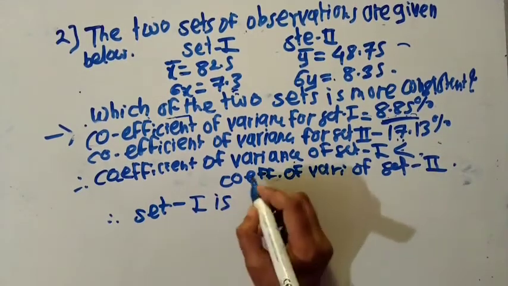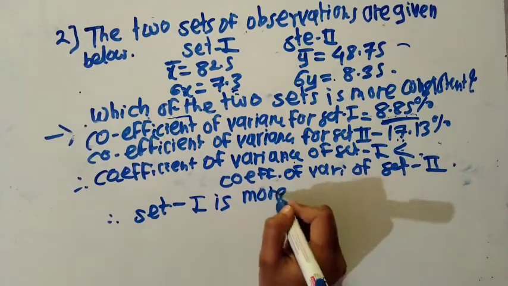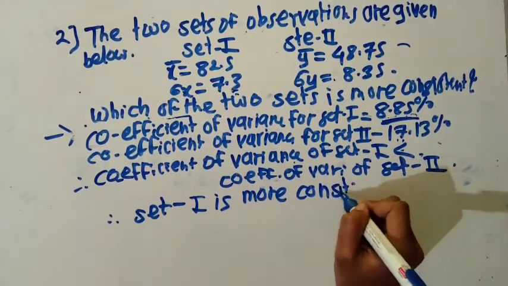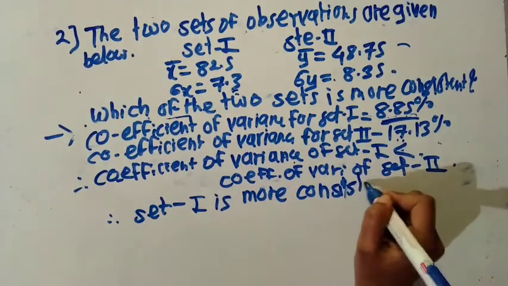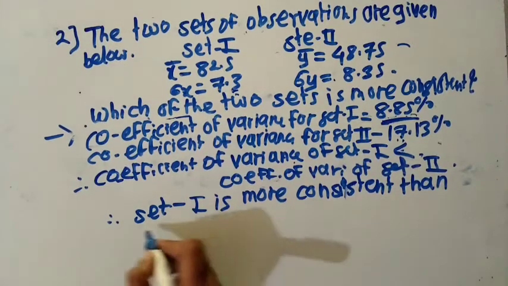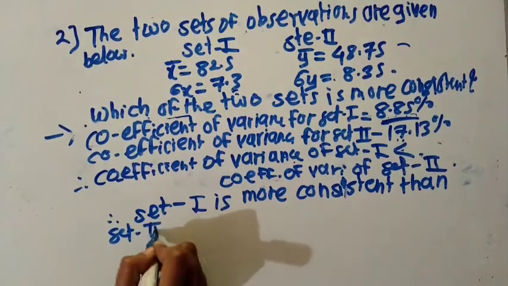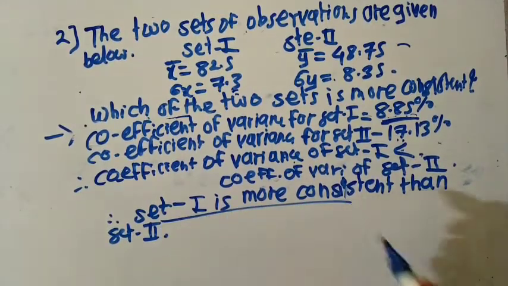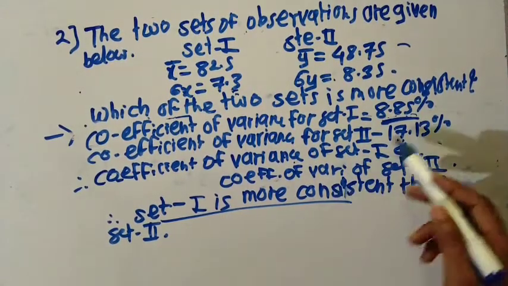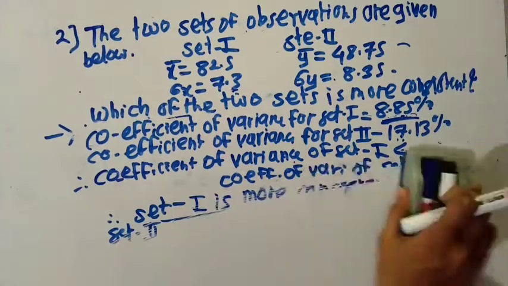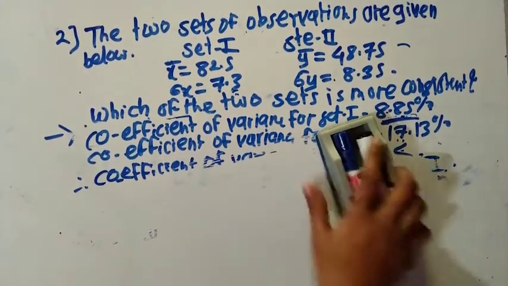Set 1 is more consistent than set 2. Okay, set 1 is more consistent because its value is less than set 2. Then we give the third example.